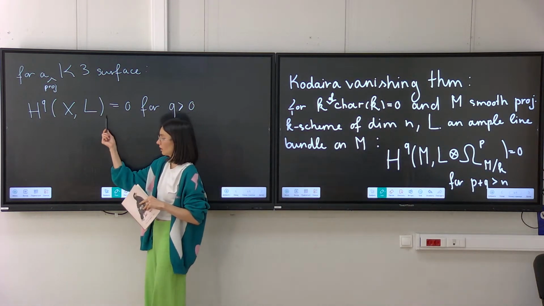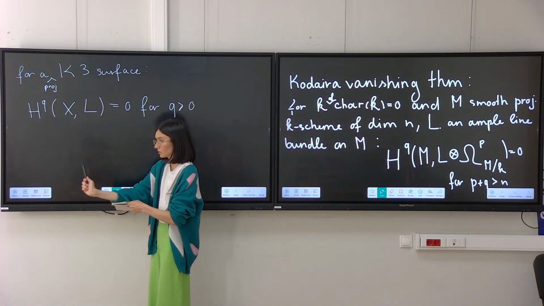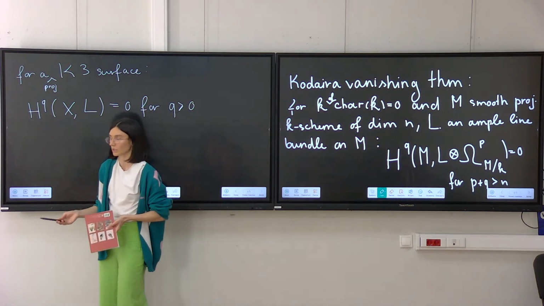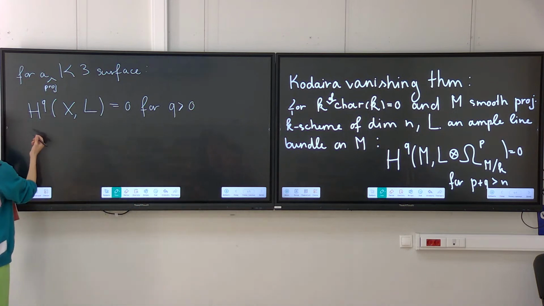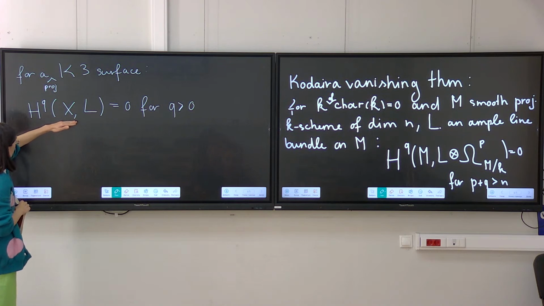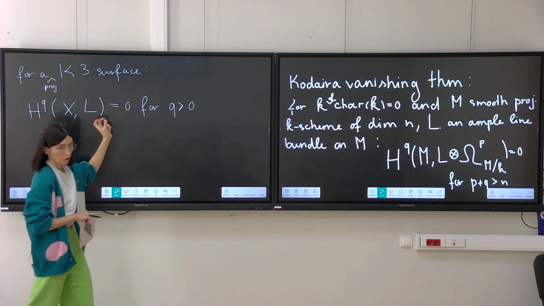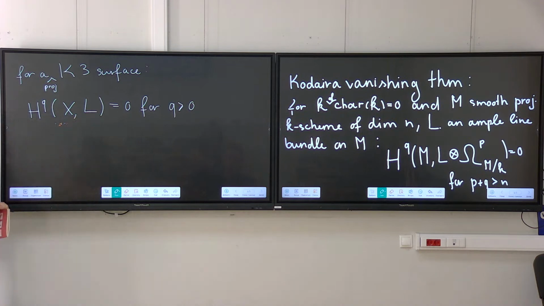There is a direct geometric proof of this fact in the case of K3 surfaces. So in particular, this will hold for ample line bundles on an algebraic K3 surface in positive characteristic too. Okay?